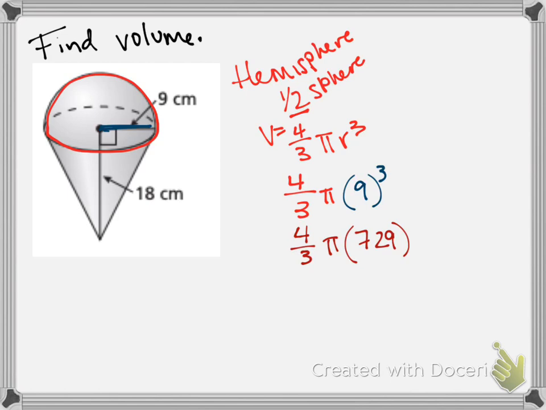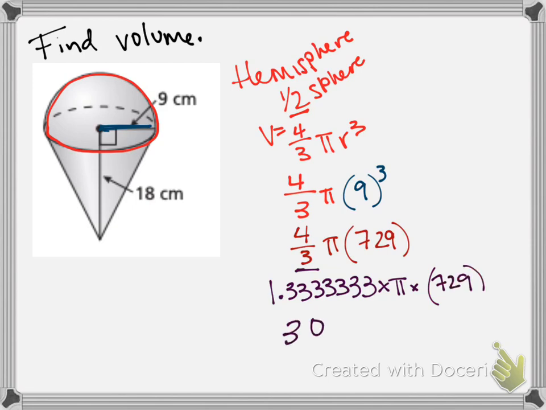Again, I don't have a scientific calculator with me at the moment, so I'm just going to use 1.33333, as many as I can fit on my screen, times pi times 729. So if you multiply all of this, you get 3,053.63. Okay, so that is the volume of the top, and actually it's not.